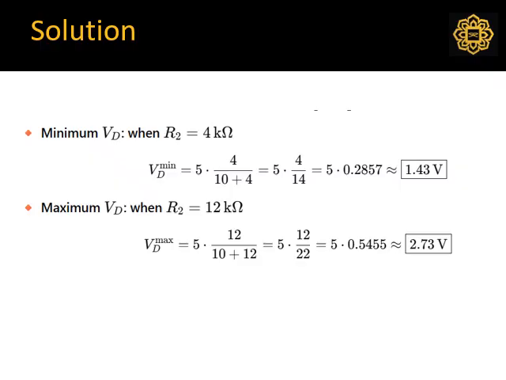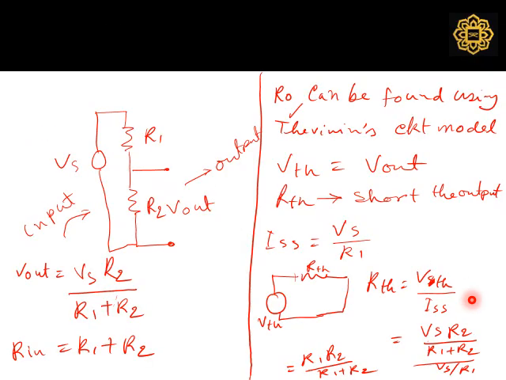Now, if we want to measure input and output impedance for a voltage divider circuit, we have to see from here what the input impedance is. From the source side, we can see that the input impedance is basically R1 plus R2. So Rin is basically R1 plus R2. But output impedance can be found by using the Thevenin circuit model.